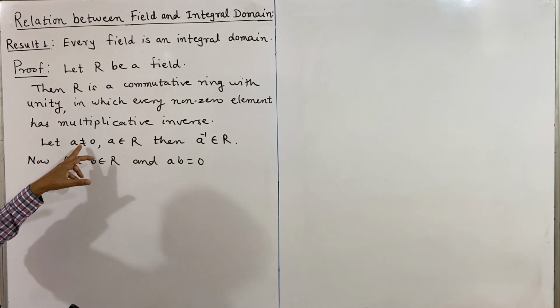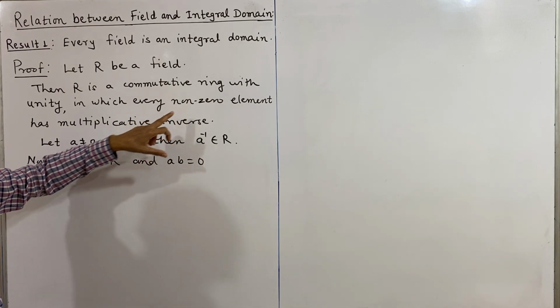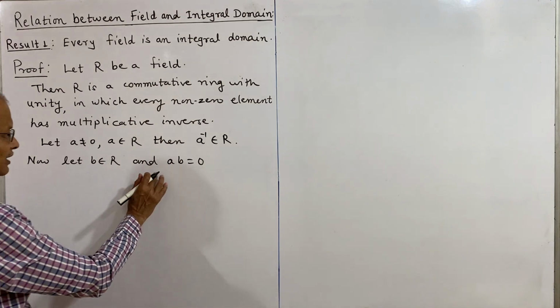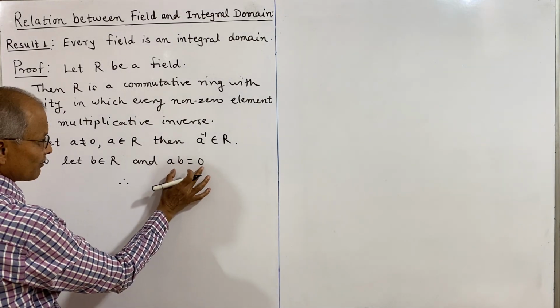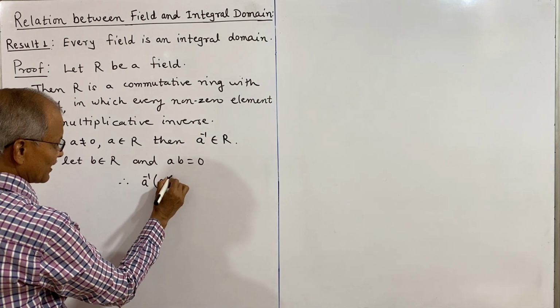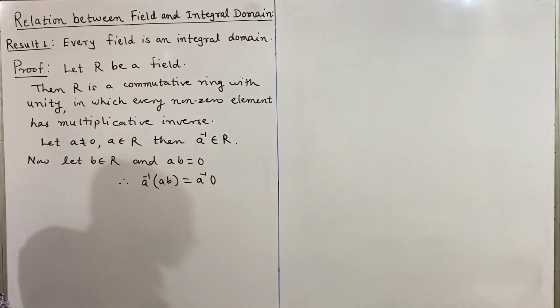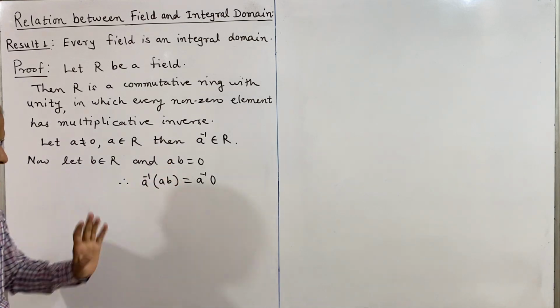Here we have assumed a is not equal to 0, and then its multiplicative inverse exists. So what we shall do here is, ab equal to 0, therefore we shall pre-multiply both sides by a inverse. a inverse into ab is equal to a inverse into 0. Multiplication we shall not write with a dot now; ab means a dot b.